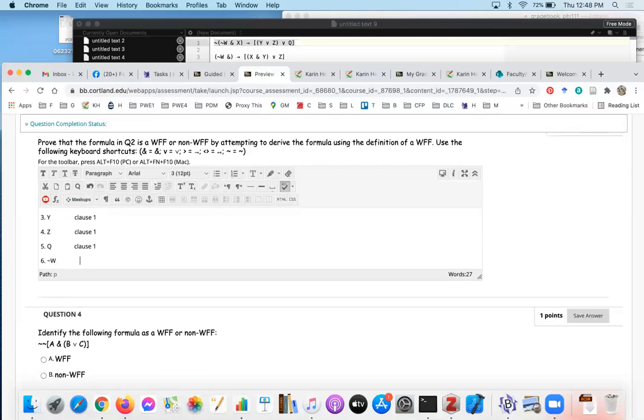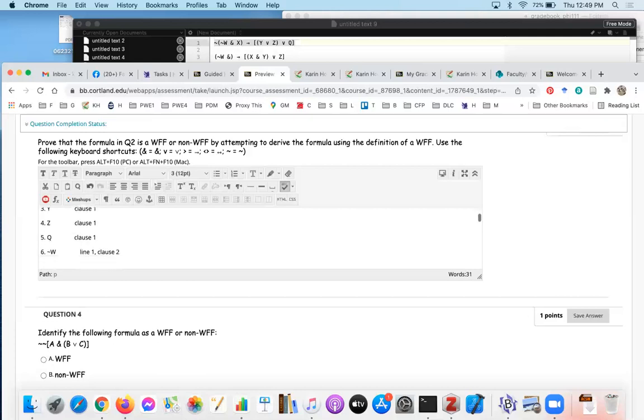And now we ask ourselves, what makes that a well-formed formula? Well, that's a well-formed formula because W is a well-formed formula, which we already proved on line 1. So we want to reference line 1, and then we're applying clause 2 to line 1, right?